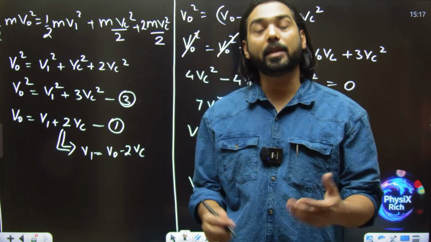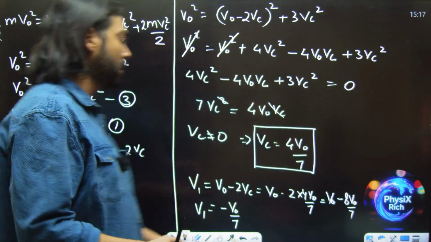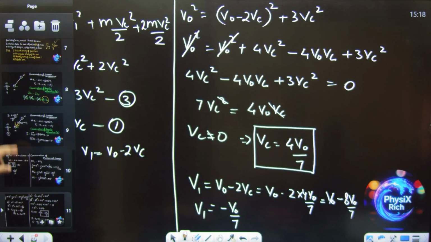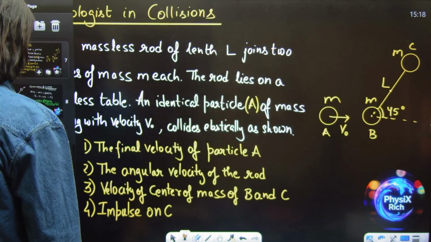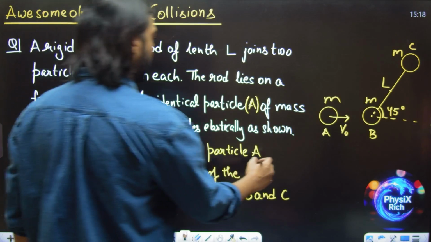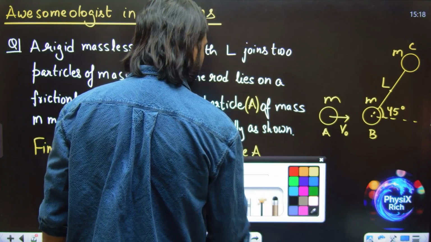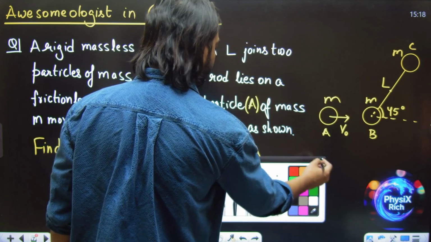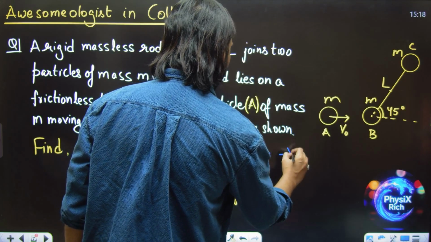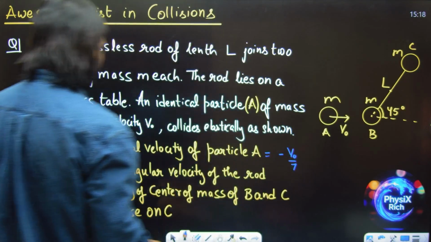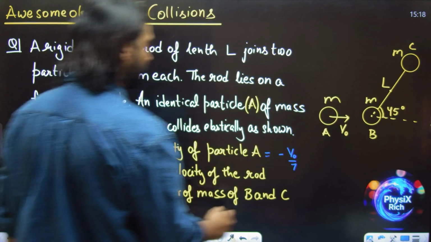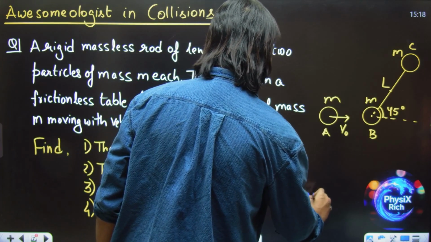What does it mean? It means that the ball after colliding must be going backwards. So guys, I think we have successfully found out the final velocity of particle A, and that my answer is coming out to be equal to minus V naught by 7, and center of mass is moving with 4 V naught by 7.